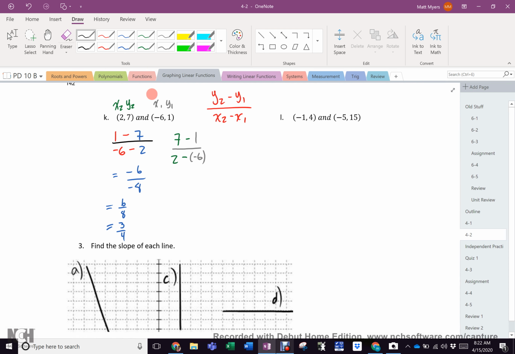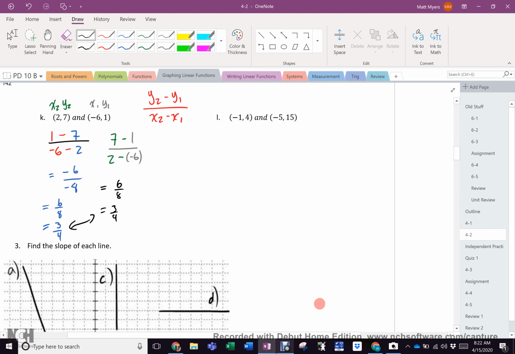And you would have gotten 7 minus 1 is 6, 2 minus negative 6 is 8, 6 over 8 is 3/4, and see, you end up with the same answer as long as you choose them properly. So on this one, you decide what's x1 and y1 and what's x2 and y2. No matter what you decide, it's going to work.